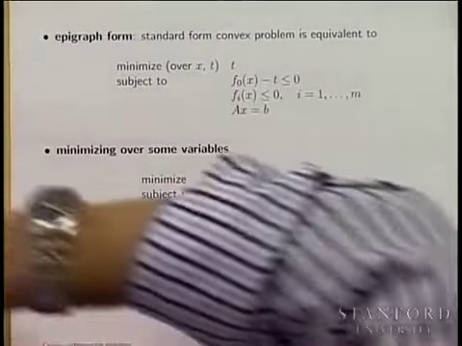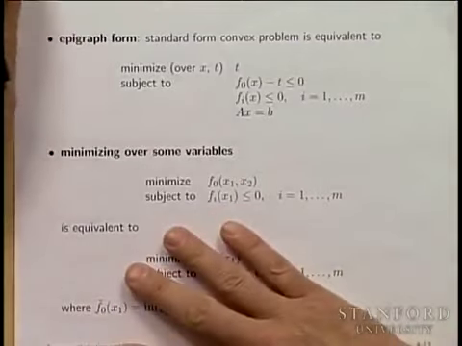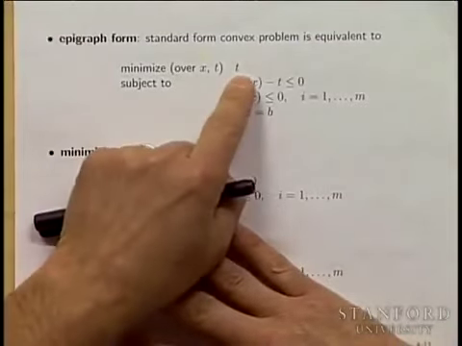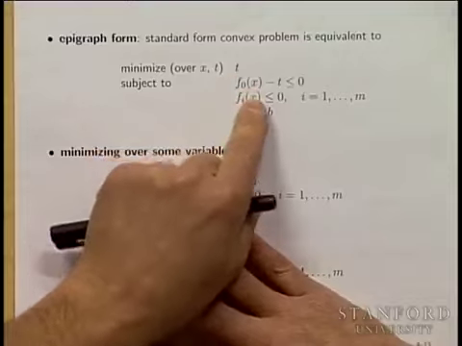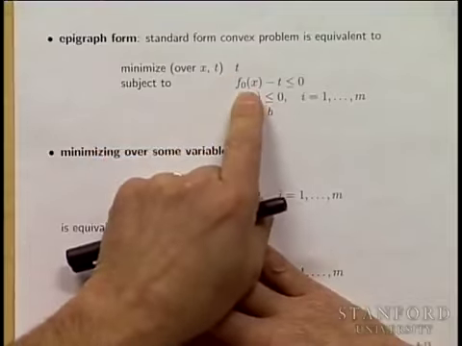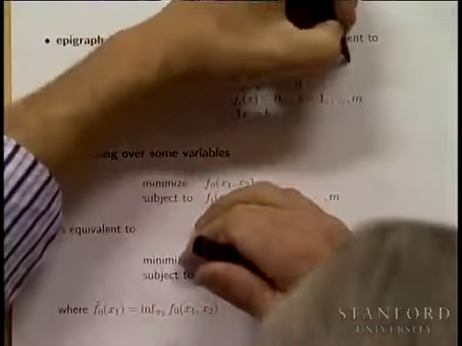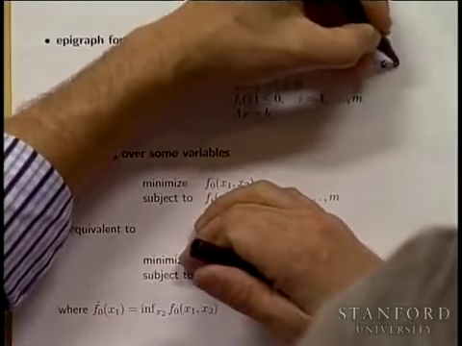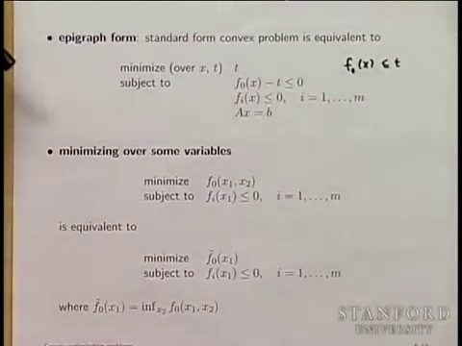Here's a simple trick. It's called the epigraph trick. It's actually quite useful, and it's widely used in practice. Let's see how that works. It's really dumb. You want to minimize f0. You introduce a new scalar variable t, and a new constraint, f0 of x is less than t, and you minimize t.